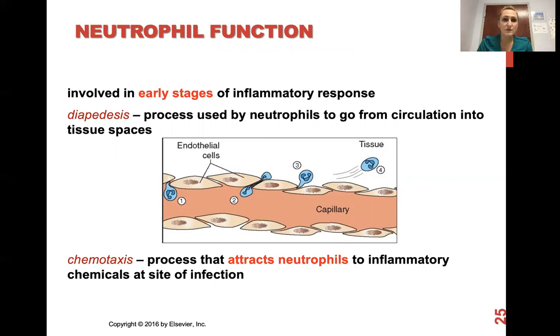Functions of neutrophils: they're involved in early stages of inflammation, the response to inflammation specifically. There's this term you should definitely know called diapedesis, and that's the process used by neutrophils to go from circulation into tissue spaces. So this is pretty cool. You have a capillary and endothelial cells, and they have this ability to squeeze between the cells without lysing or breaking and get into tissue.